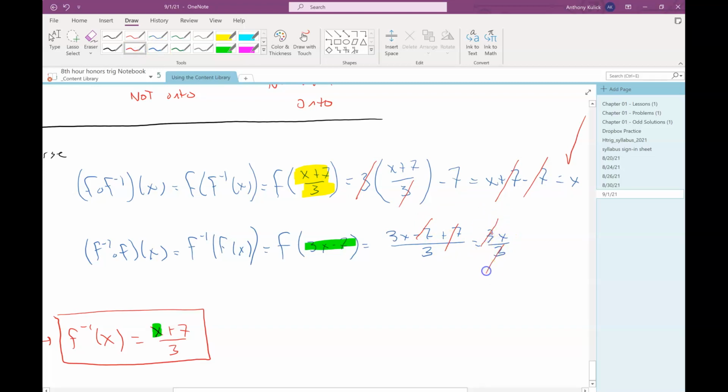The times 3 cancels with the divides by 3, and we're left with just x, which is what we wanted. Again, if all I'm looking for is the inverse, I don't need to do this. If I was given two functions and asked to prove that they were inverses, this is what I would do. Yes, of course.